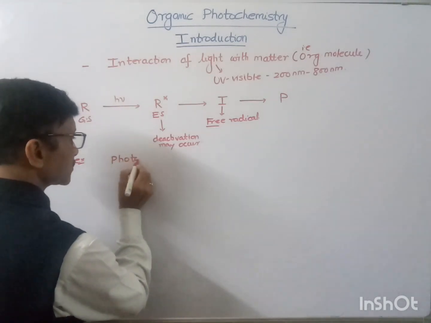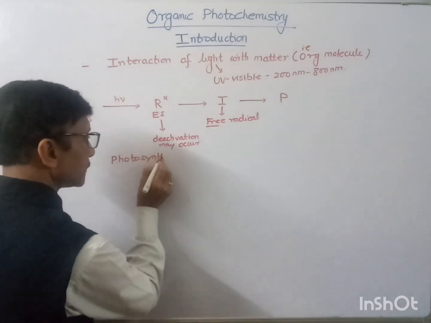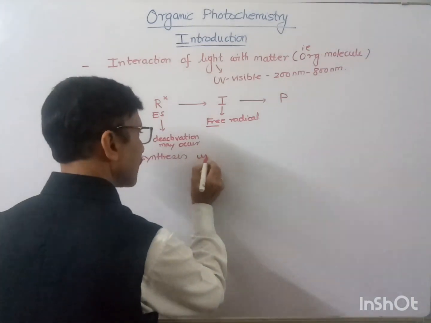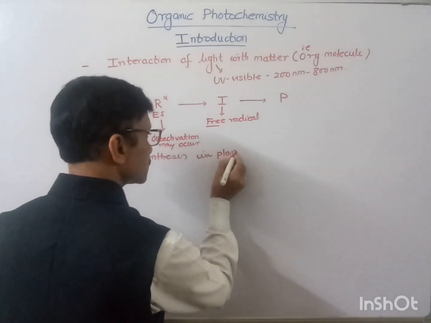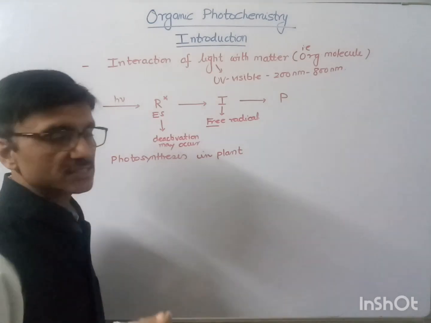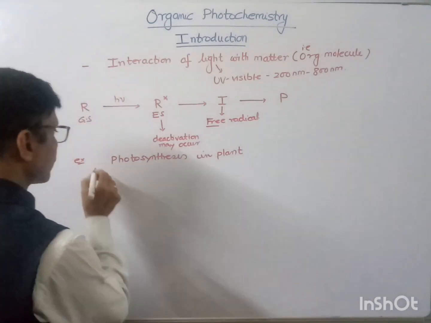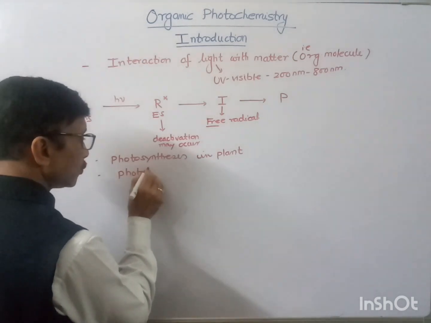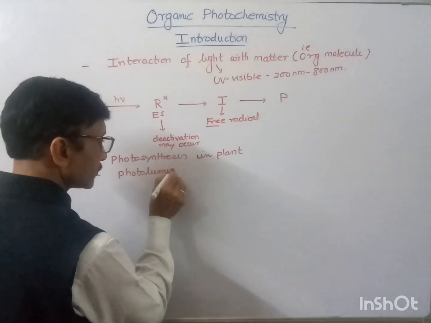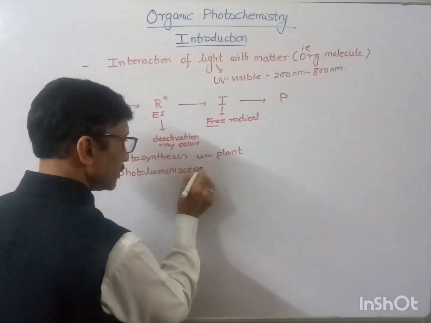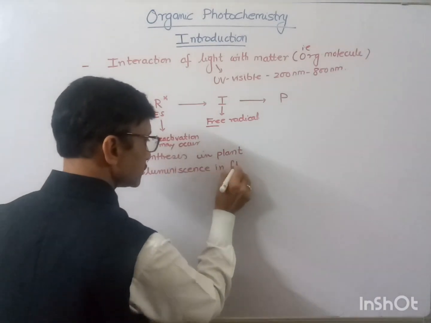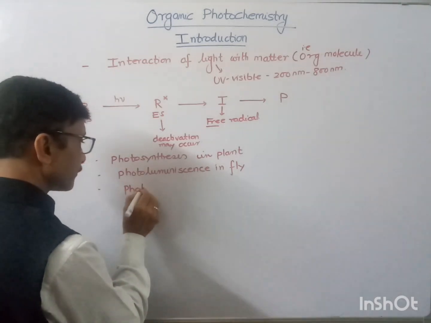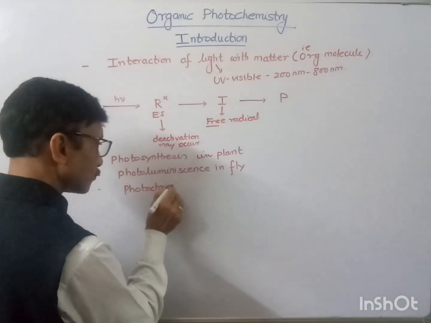photosynthesis, the most common example, which takes place in plants that use light to synthesize their food. Then photoluminescence in fireflies is also one of the common examples. And then photochromism, another word.